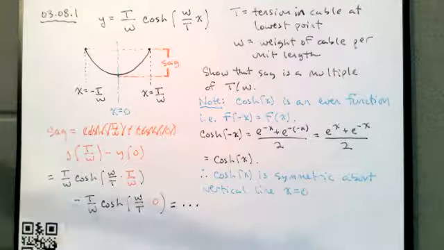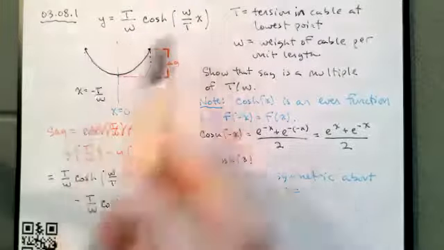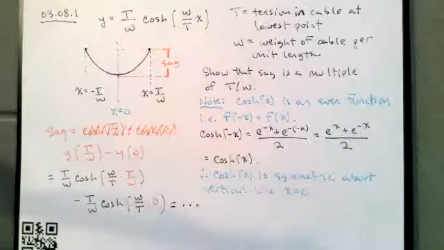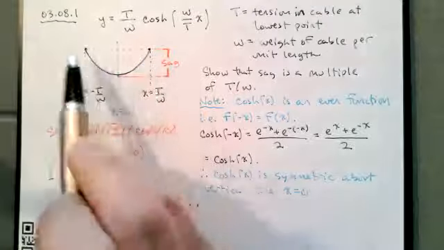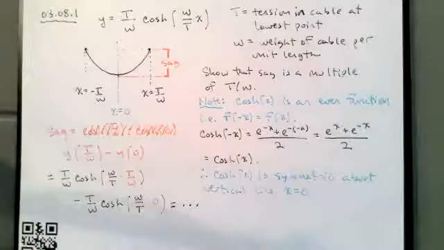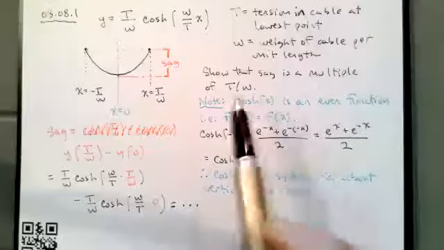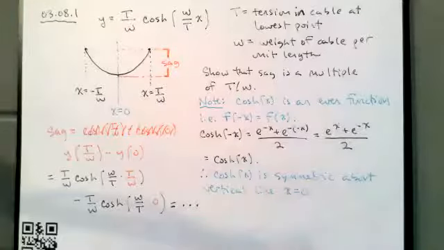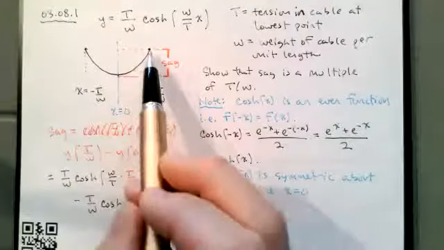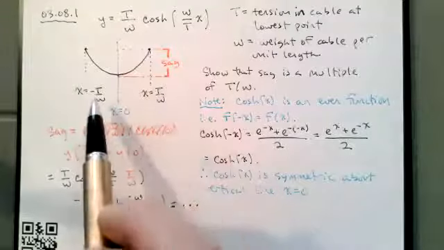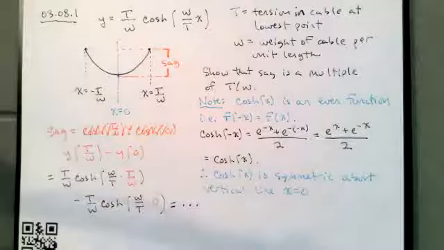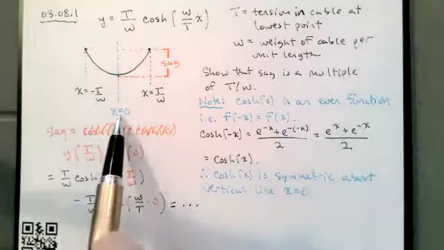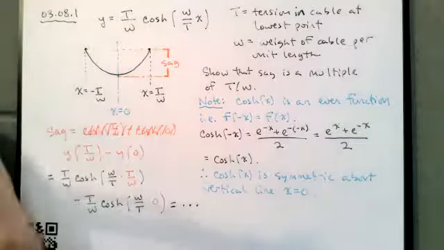We have been told that this is the shape of the chain, or the wire, or the cable. And we know that it should be this vague U shape. Then we had to bring in some other stuff that we know about functions so that we can conclude that the height at t over w and negative t over w will be the same, and that the lowest point will be halfway between those two at 0.